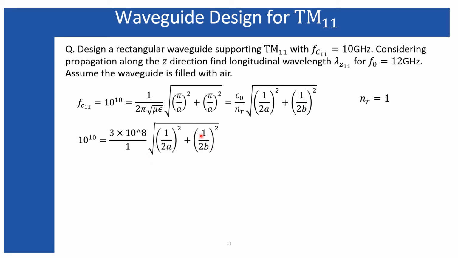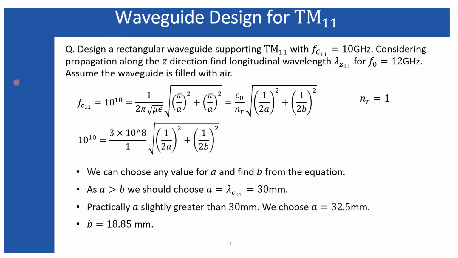Now from this expression we can easily find the dimensions a and b, but in the last case, when I considered the TE mode, n was 0, and since b was not present in the expression, I considered an arbitrary value of b, equal to half of a. But right now, since n is not equal to 0 and is equal to 1, both a and b appear in the expression of the cutoff frequency.